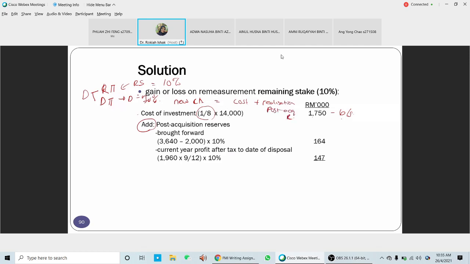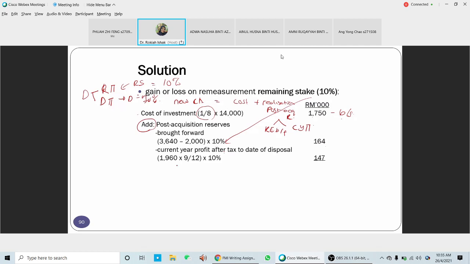For the realization of post-acquisition reserve, we have two items: your RE brought forward and also the current year profit. So RE brought forward here is 3640 minus 2 at the acquisition time, with 10%, which is your remaining stake. So you're going to have 164.